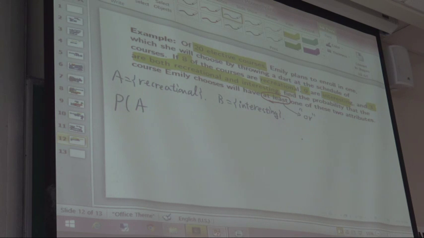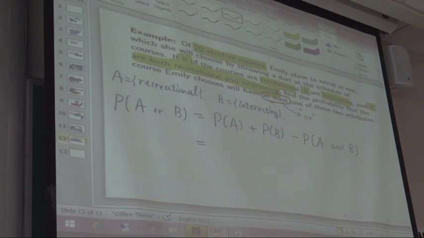At least one means either in the set A or in the set B. That's the at least one in those 2 categories, right? So this is A or B. So we have the probability of A, and there is overlap, as I said, minus the probability of A and B.